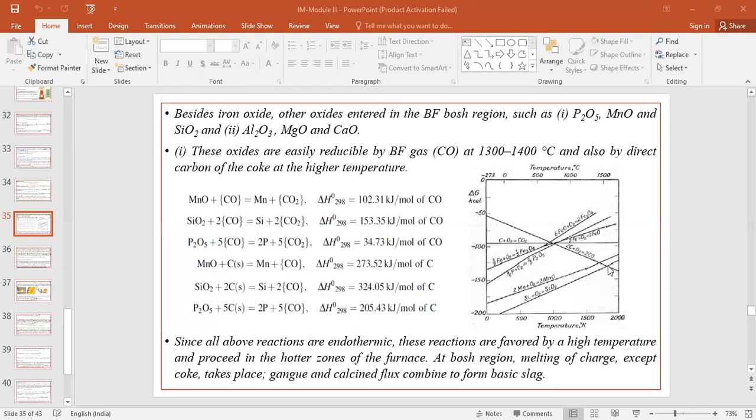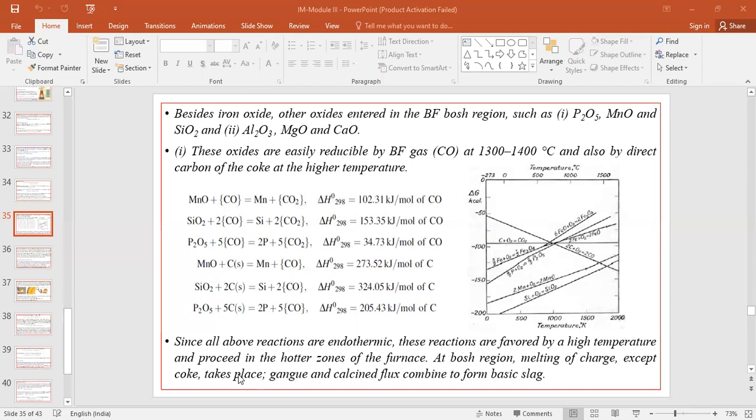Okay, so you can see beyond this temperature, if you just plot a vertical down, that will give the temperature. Beyond this temperature, there is a possibility of reduction of these oxides by carbon in the direct form. And below these temperatures, there is a possibility of reduction of these oxides by the indirect form. So this is what we can understand from the Ellingham diagram.